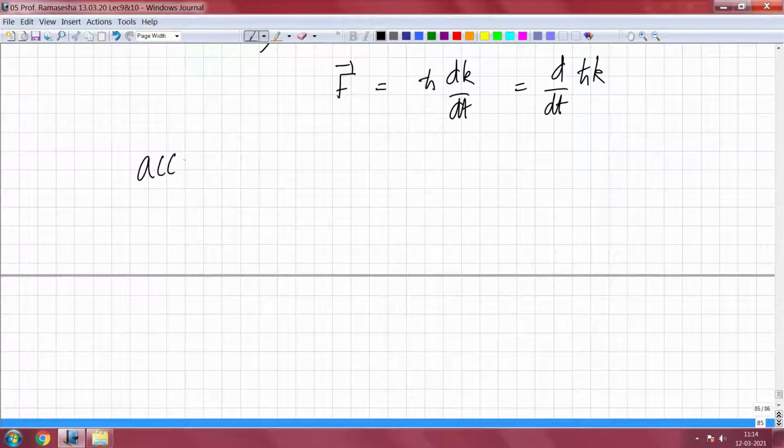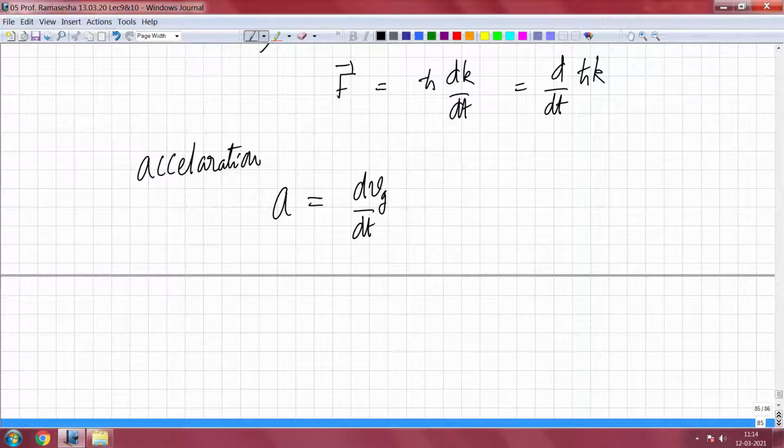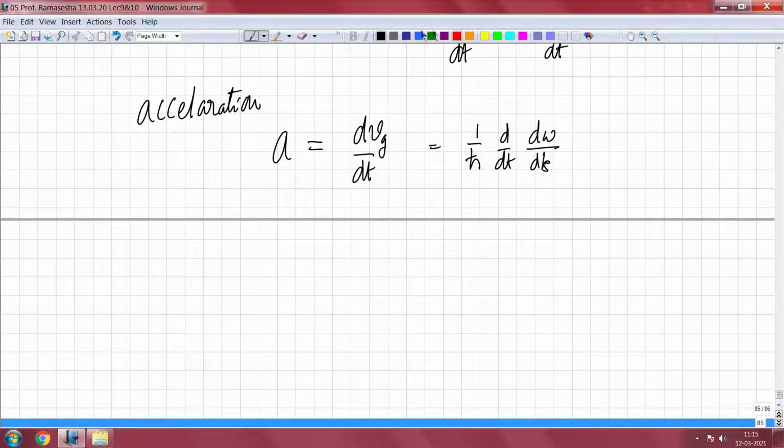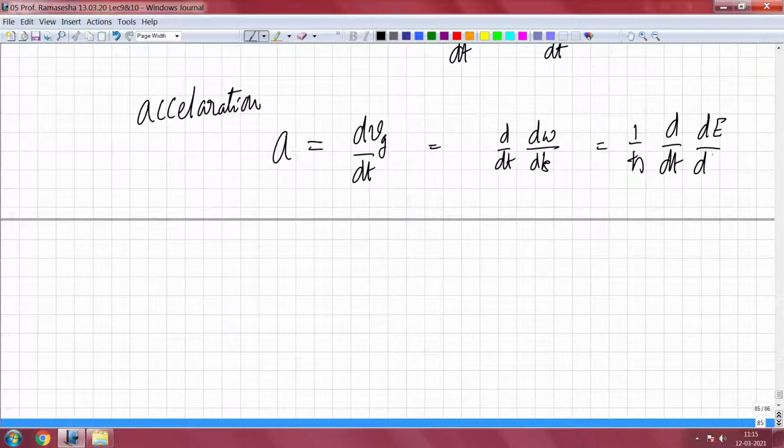So, acceleration A is equal to dVg by dt, where Vg is the group velocity, and that is equal to 1 by h cross d by dt d omega by dk, or that is equal to 1 by h cross d by dt dE by dk.